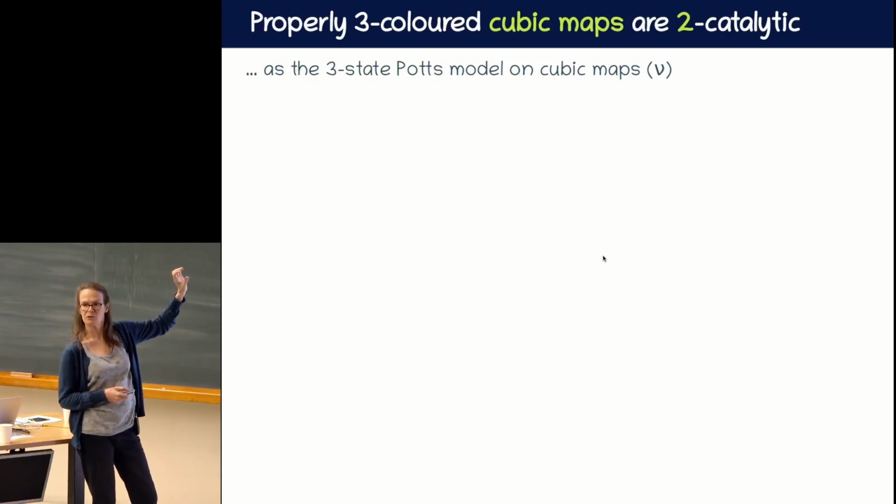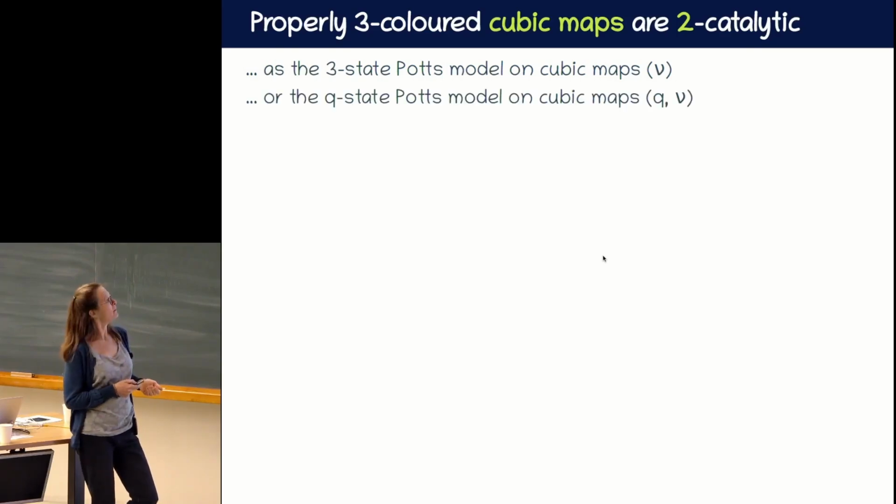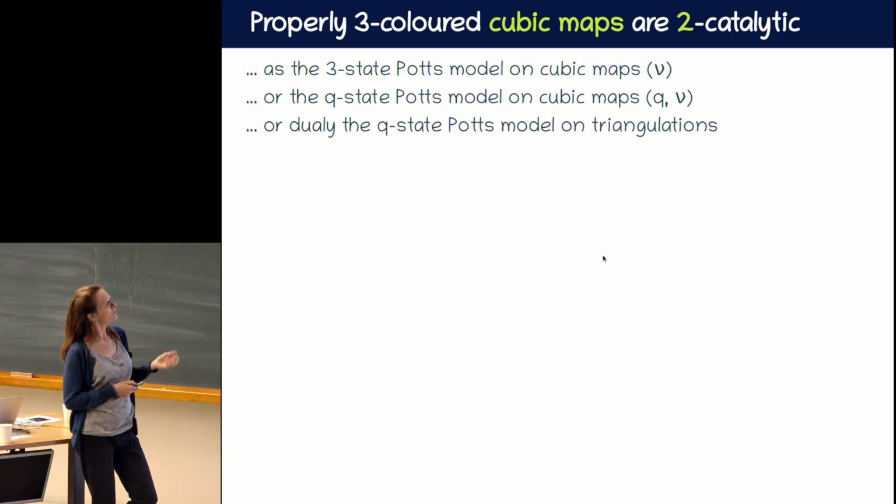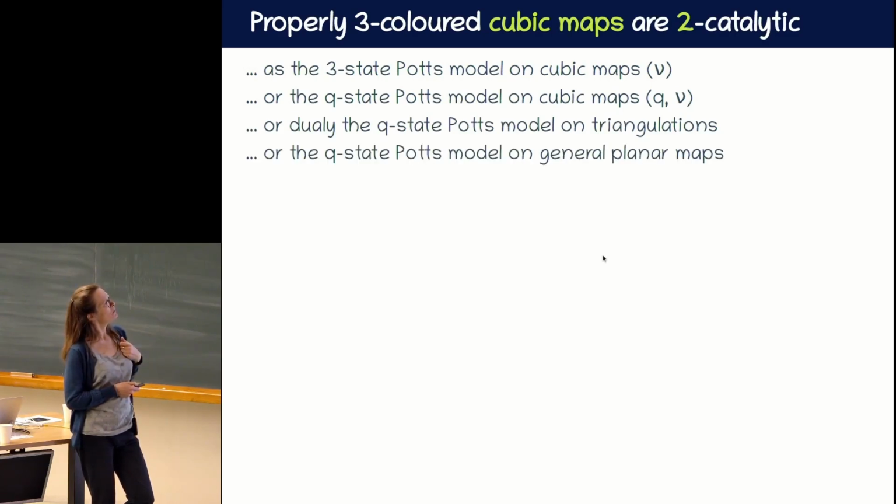So that's not just proper colorings, but the full Potts model, where I can replace the number of colors 3 by any q. This is completely equivalent to the dual problem, the q-Potts model on triangulations. With the same ideas, one can do the q-Potts model on general planar maps without restrictions on the face degrees.